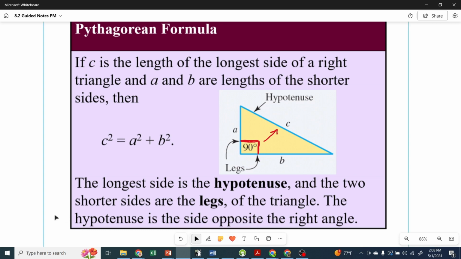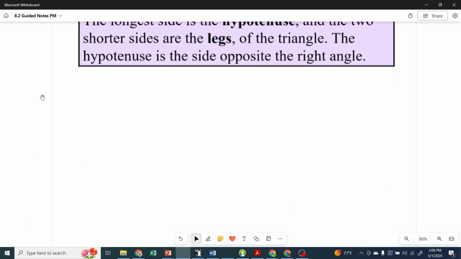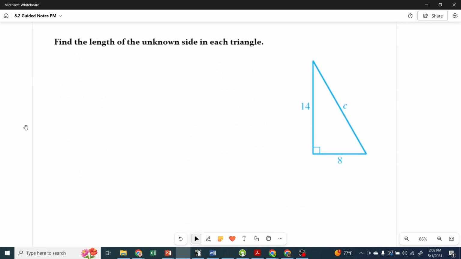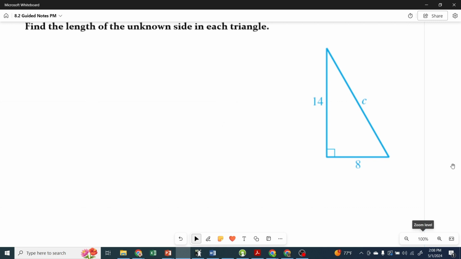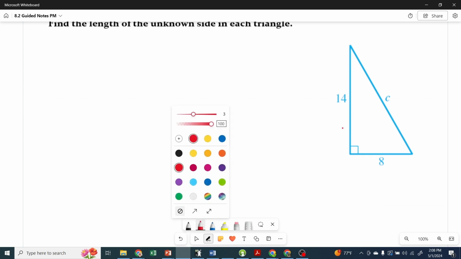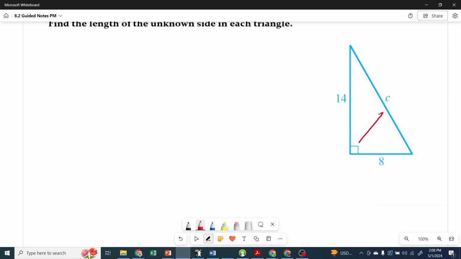Let's do some problems where we solve a right triangle and find a length. The first thing we have to figure out is, what length are we looking at here? As we stated a moment ago, this is the hypotenuse right here.